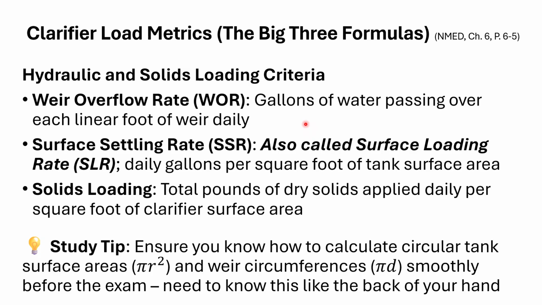We look at the surface settling rate, also called the surface loading rate, which is the gallons passing through each square foot of cross-sectional area of the clarifier, the tank surface area at the top. We also look at solids loading, which is the total pounds of dry solids applied daily per square foot of clarifier area.